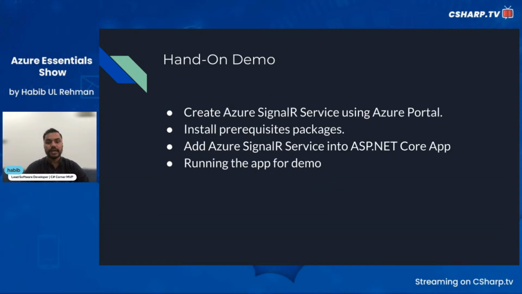Now we will move to the hands-on demo, and inside that demo, first of all, we will create an Azure SignalR resource using the Azure portal. Then we will create an ASP.NET Core MVC application with a few prerequisite packages, and then we will implement the Azure SignalR service inside our ASP.NET Core application for a group chatting demo.